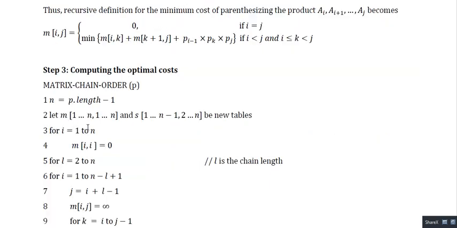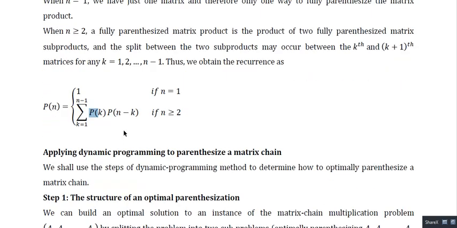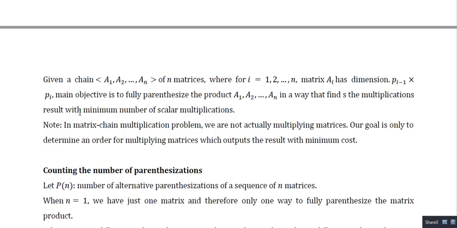Now this is our matrix chain multiplication problem: a sequence of matrices with their orders. The target is to parenthesize the sequence so that the multiplication yields the minimum number of scalar multiplications, or takes minimum time.